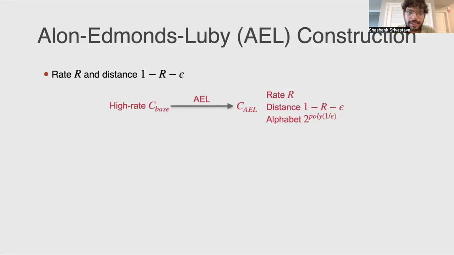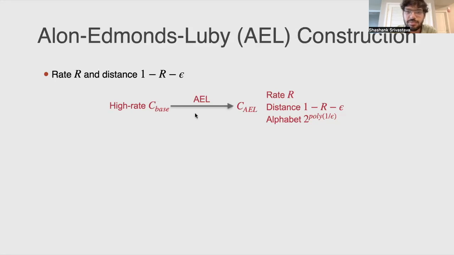In fact, AEL should be seen as a procedure more than a single construction, where you can start from any base code that has rate close to 1, and its distance can be amplified in a way such that the rate drops near optimally. So if the base code had high rate, it must have had small distance.